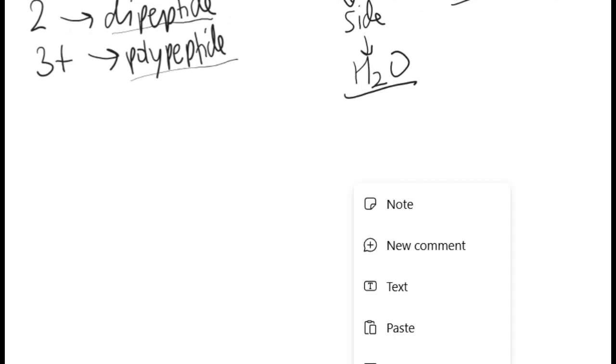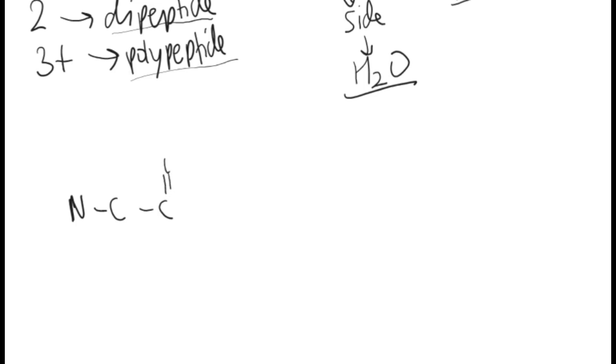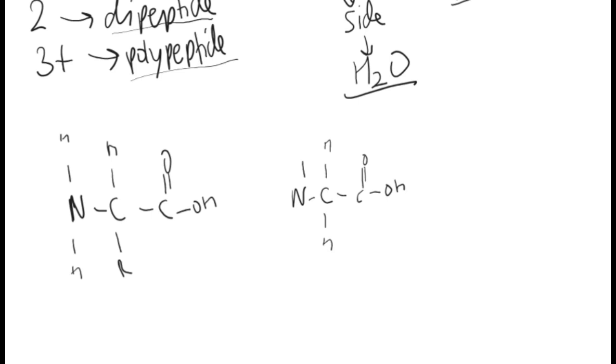We have... Now, this OH and the H over here are going to form water together, and a link between these two, or the peptide bond, forms, creating this dipeptide.